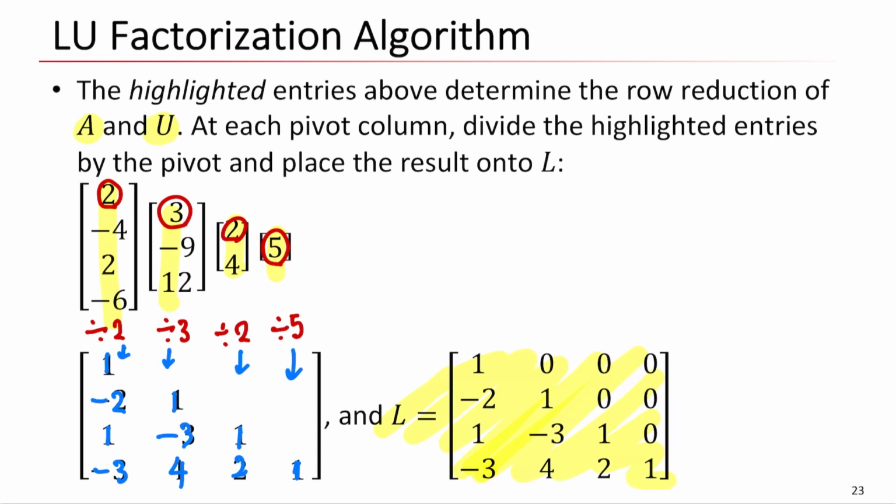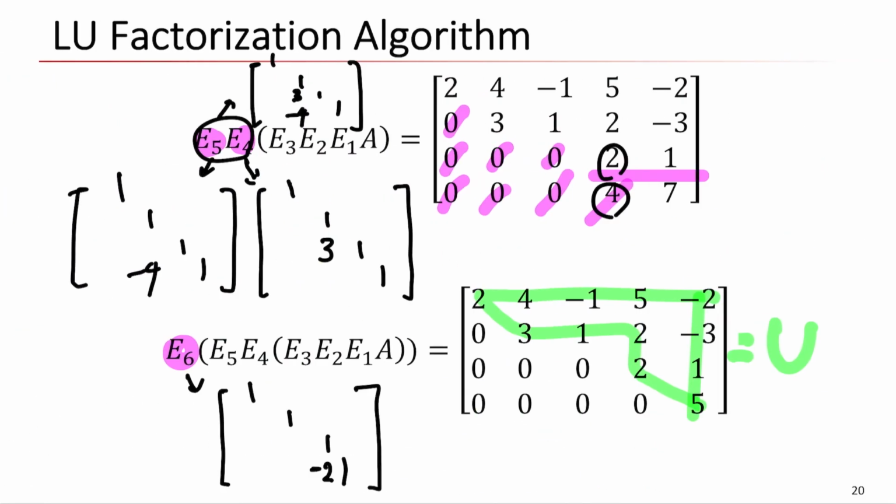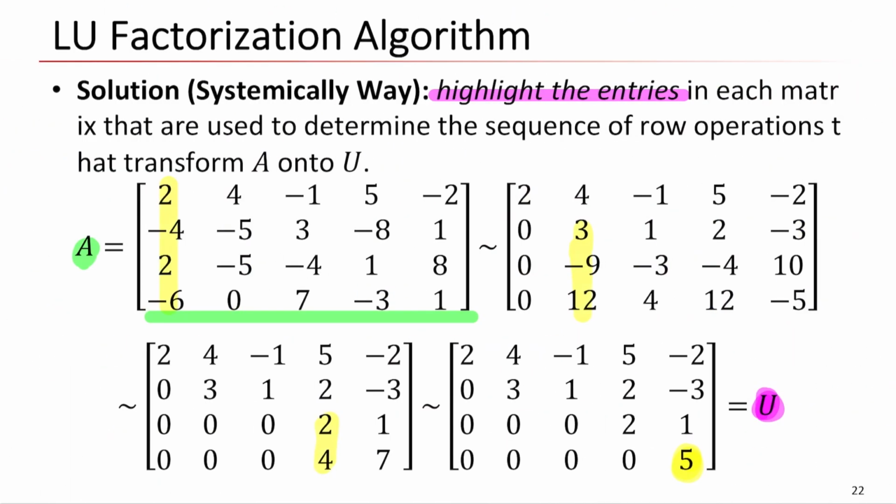Okay. Actually, this is very intuitive and very easy to find the matrix L, rather than using this kind of procedure, right? So this is a very efficient, systematic way to find the LU factorization.